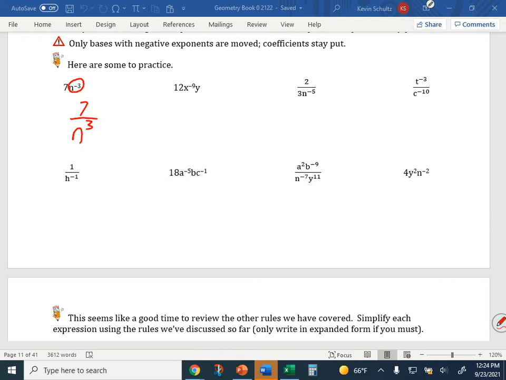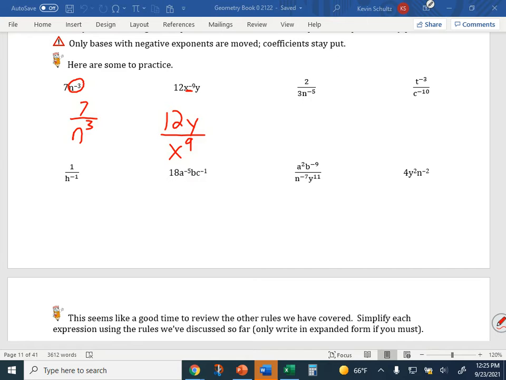We're only moving what we have to, and in that case it's x to the negative ninth. So in our numerator, we still have our 12, still have our y. In the denominator, x to the positive ninth. Again, just bringing joy to these expressions, removing the negativity.